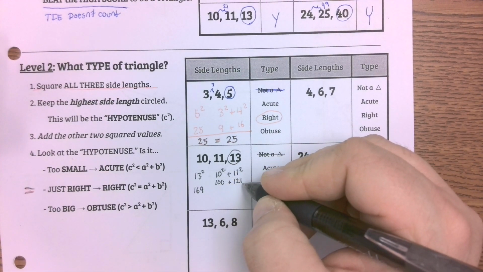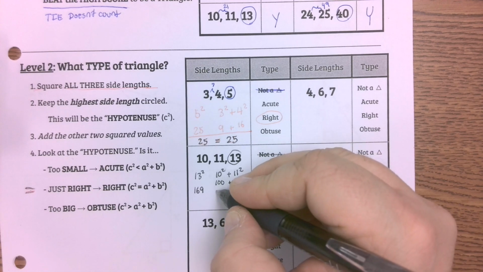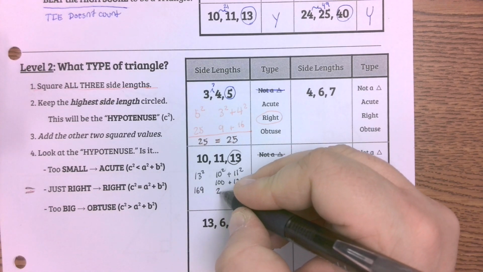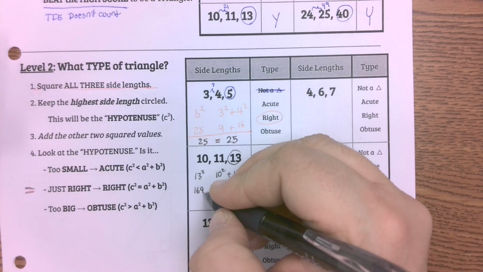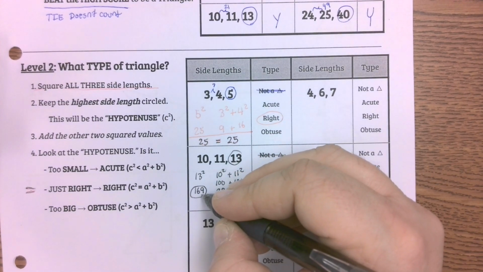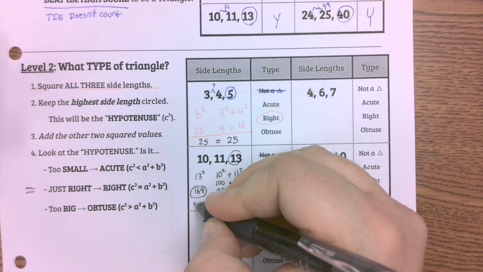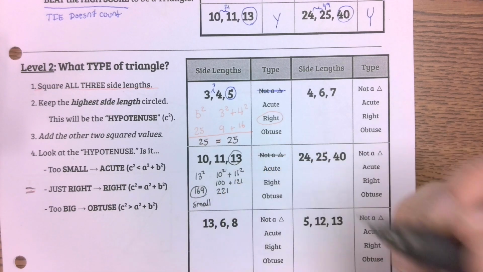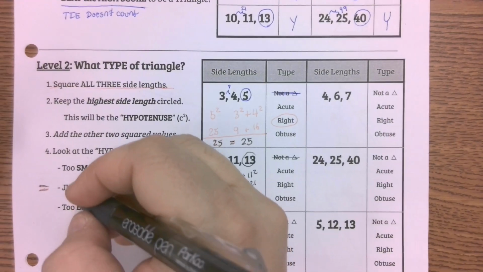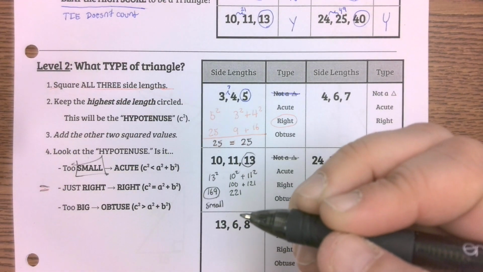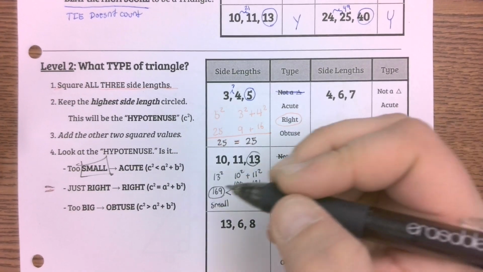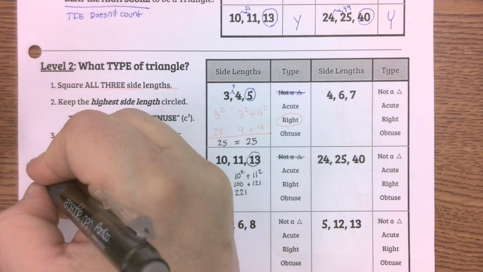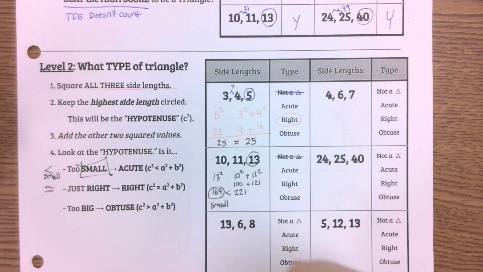So when I add 100 and 121 together, I get 221. Okay, so if I'm comparing them, this one is not equal, it's smaller. If I can draw a less than symbol in between them, then we're going to say it's an acute triangle.